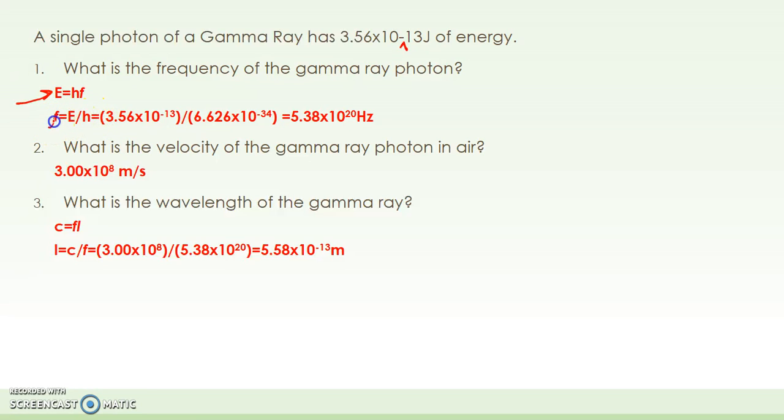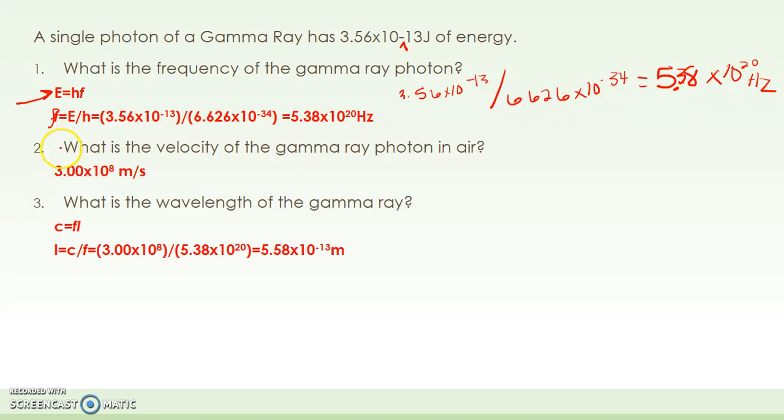Rewrite it for frequency and get the energy divided by the constant. So we get 3.56 times 10 to the negative 13th, divided by that constant, 6.626 times 10 to the negative 34th. And we should get, if you plug it in the calculator correctly, 5.38 times 10 to the 20th hertz.